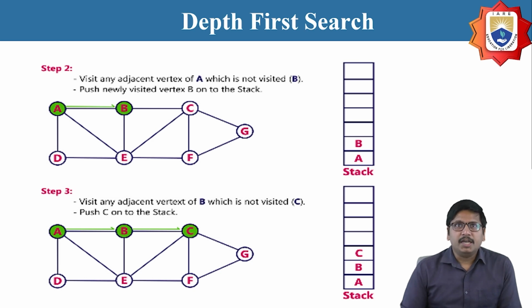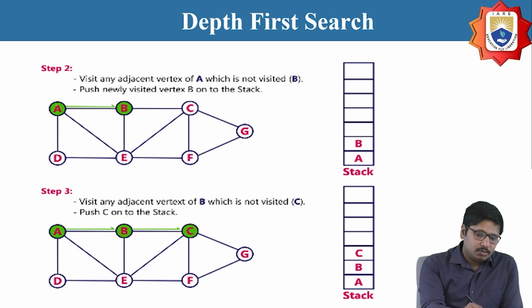So visit any adjacent vertex of A which is not visited. That should be B, and that one is pushed onto the stack. Now this is the vertex I'm going to consider. What are the adjacent vertices?